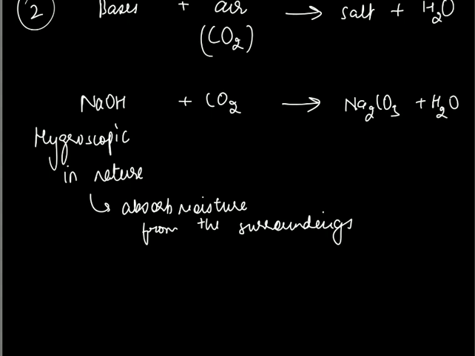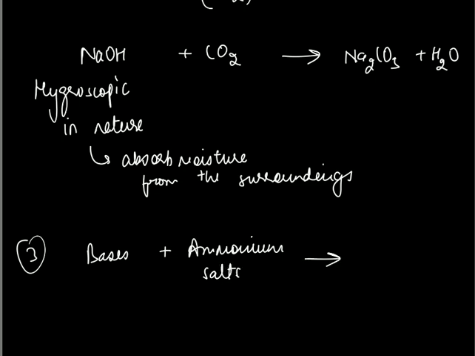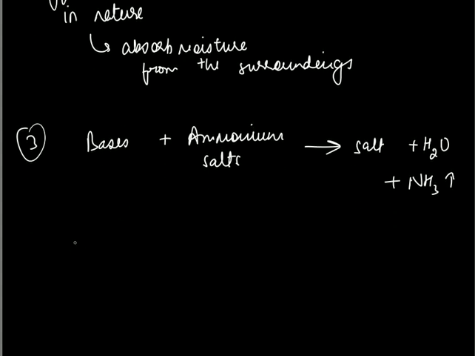Then we go to the next reaction: bases reacting with ammonium salts. Now, ammonium salts are acidic; why they are acidic we can discuss in the salts part. They are going to form salt and water, and ammonia gas is also released. So let's take our favorite NaOH again, and the ammonium salt NH4Cl.